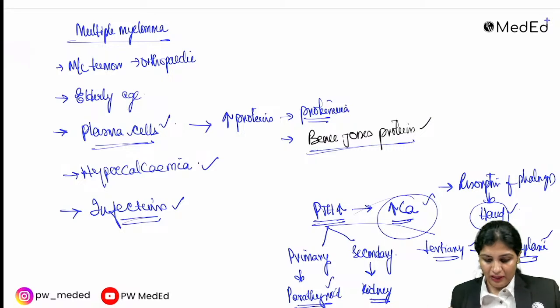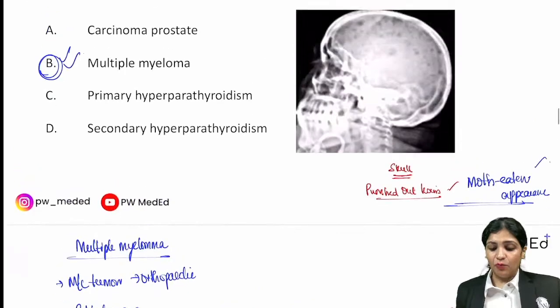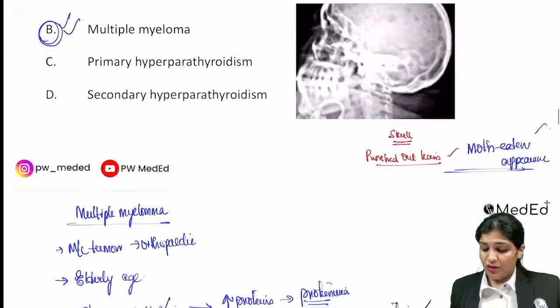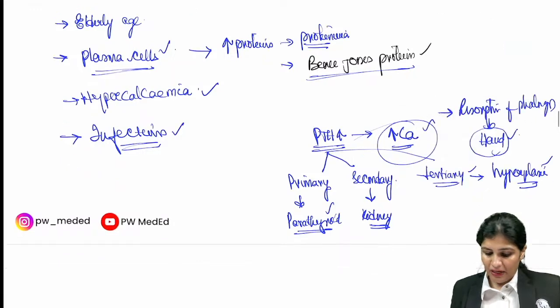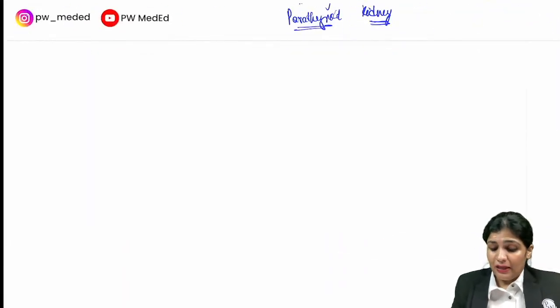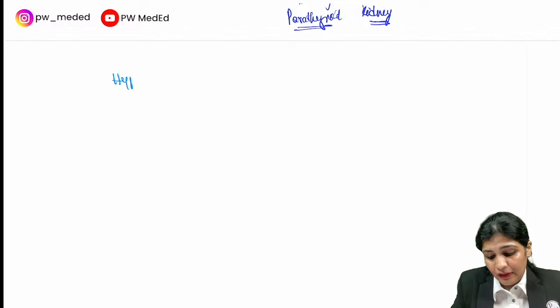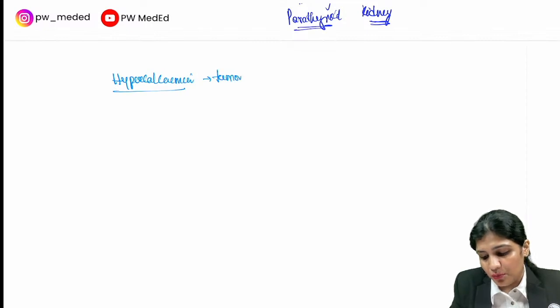So that is the parathyroid, and here you have multiple myeloma, right? And what is this, carcinoma prostate? Let us discuss a little of carcinoma prostate. Why? Because there is again hypercalcemia which can occur because of the tumor.